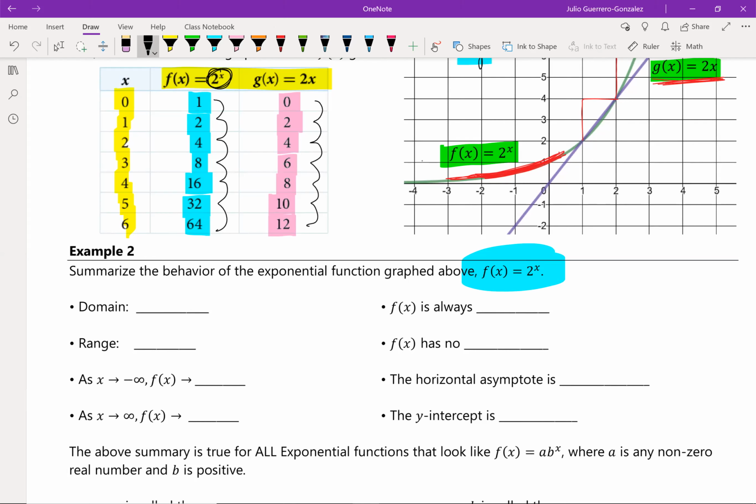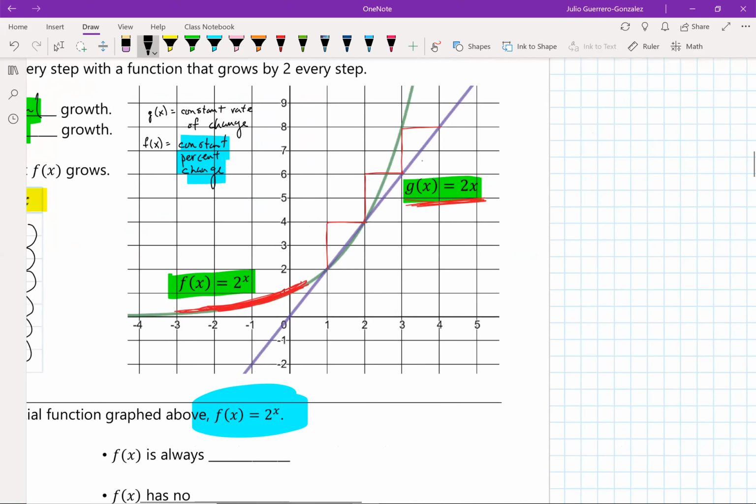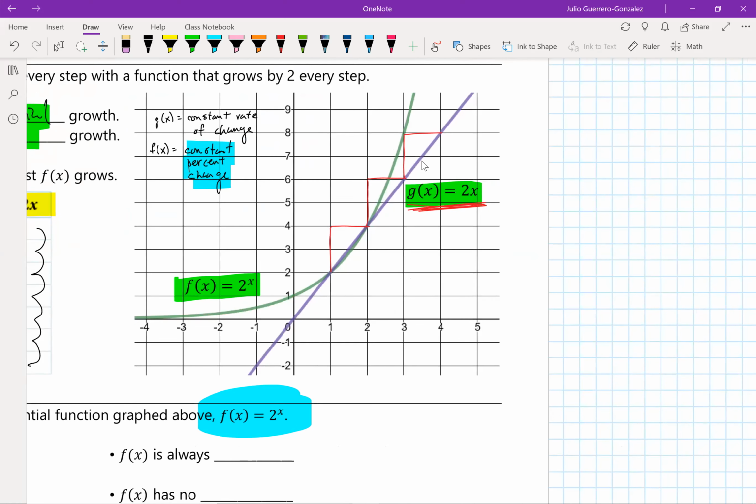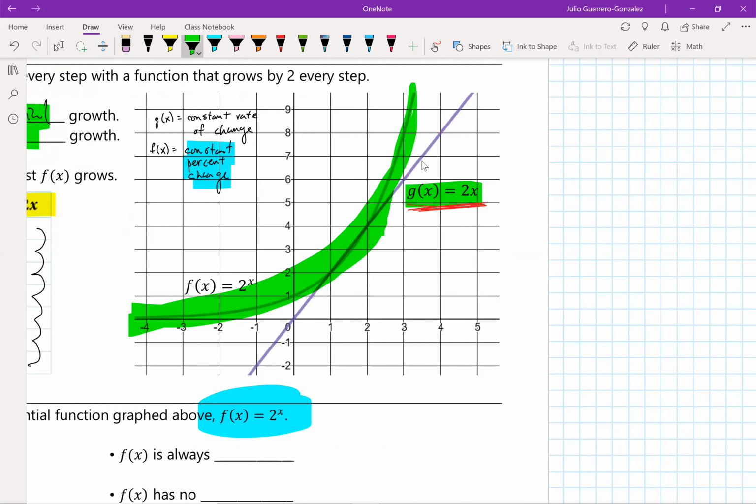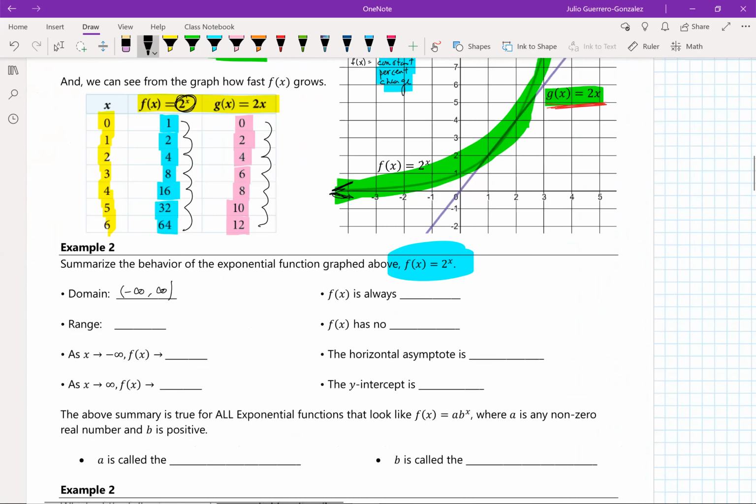Does it look like we're going to do either one of those? No. So we have nothing to check, which means my domain will be negative infinity to positive infinity. And that makes sense, because if you look at the graph, the green one, let me get rid of all the other lines here. Technically, this keeps going this way, and it keeps going that way. Cool?